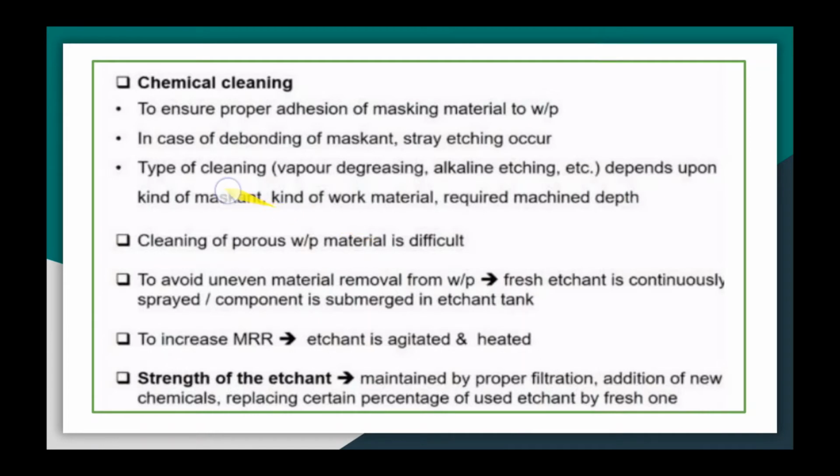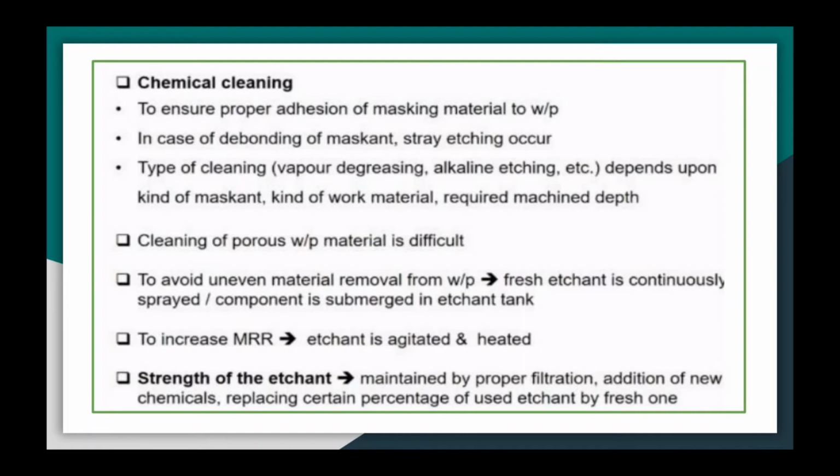Okay, for a higher material removal rate, as I have shown you in the earlier figure of the setup of the chemical machining process, agitation will increase the chemical machining rate, and heating of the etchant will also increase the machining rate.